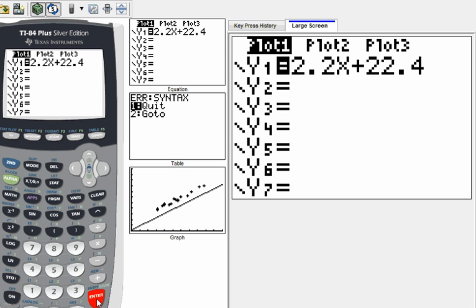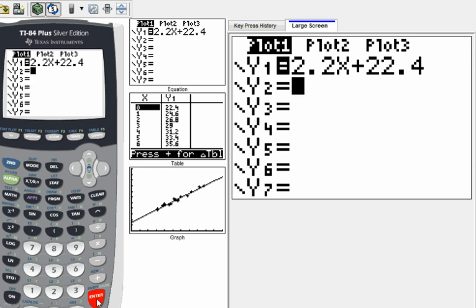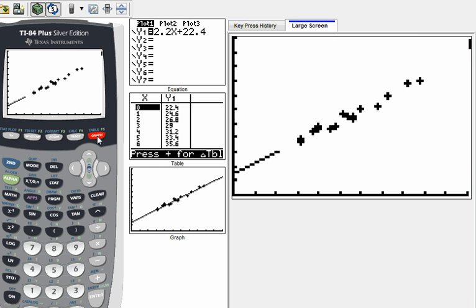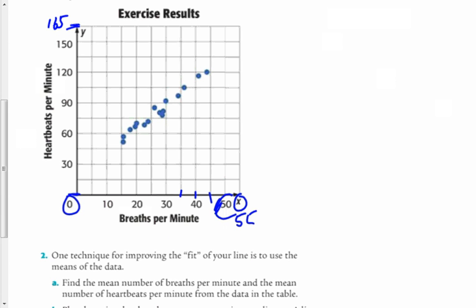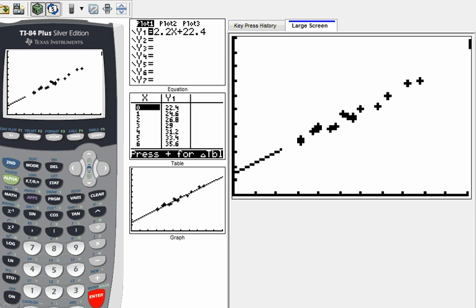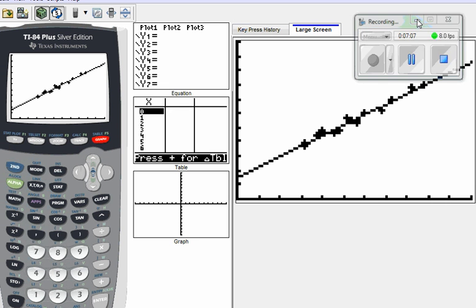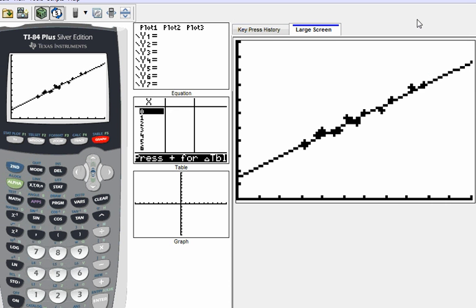And now, if you press graph, notice that that line pretty much goes through those points there. And that's what we were after. So notice how that line really averages out those dots really well.